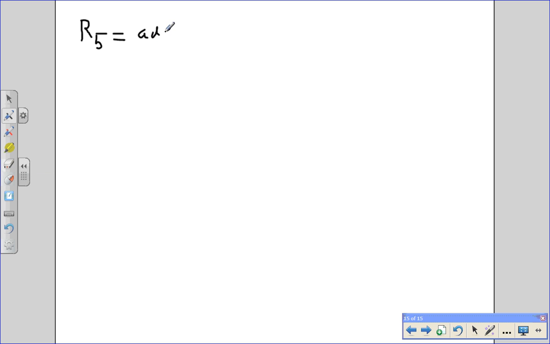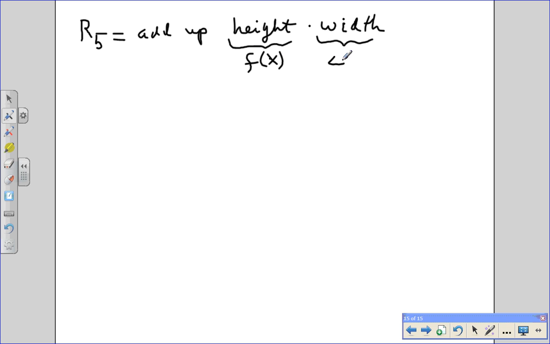So I'll just say this: add up height times width. Height is going to be f of x, and the width is going to be delta x.